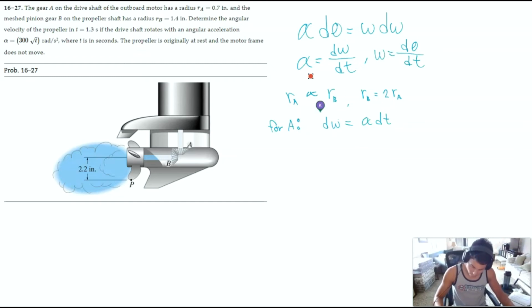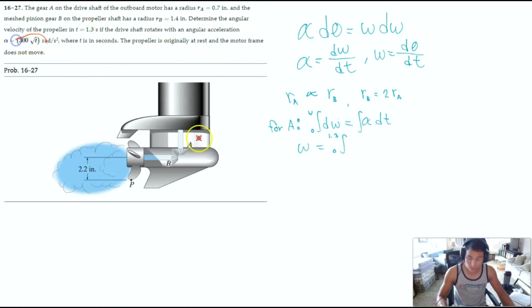Then if we integrate both sides, we know that it starts at some time 0 and ends at some time 1.3, for both. By the way, the bounds for this one are just going to be ω to 0, my bad. So this would be ω, and the bounds for this one is going to be 1.3 to 0. This is the initial time, this is the ending time, and that's why we can use these bounds.